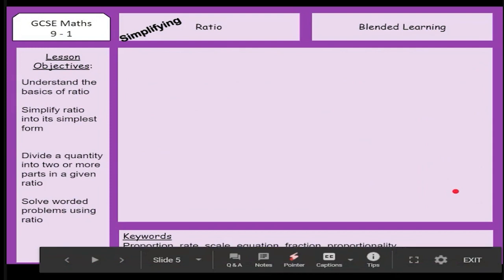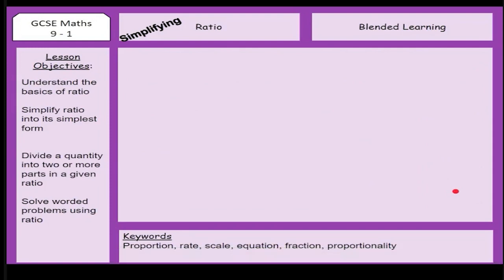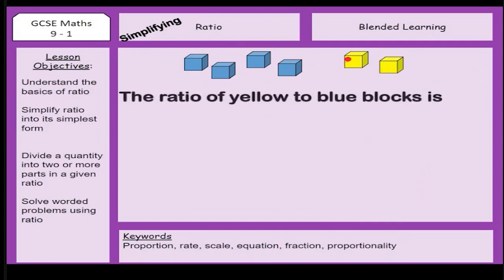It's best practice to always simplify your ratios. For example, I've got 4 blue blocks and 2 yellow blocks.